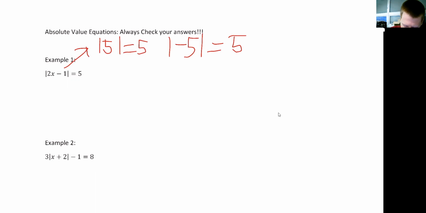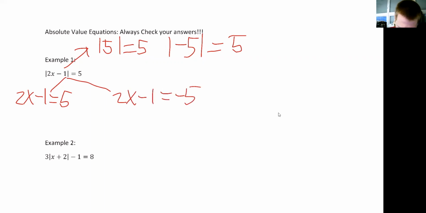So when you're solving absolute value equations, we write two separate problems. You take what's inside your absolute value and set it equal to +5, and you take what's inside your absolute value and set it equal to -5. And then just like what we've been doing, you would solve these equations.